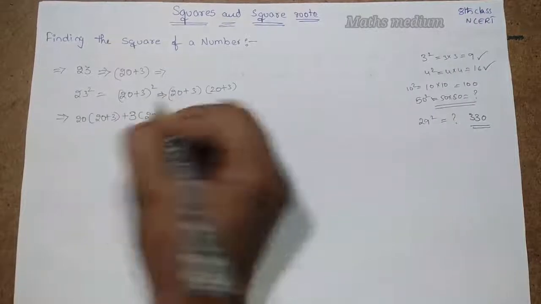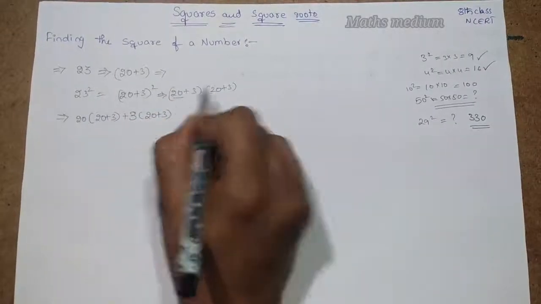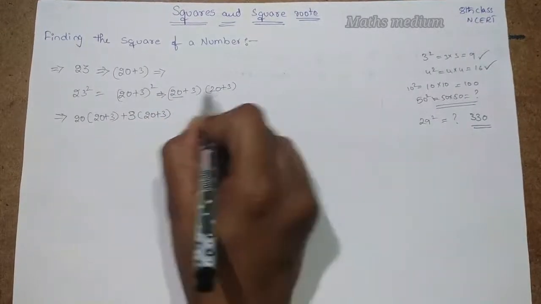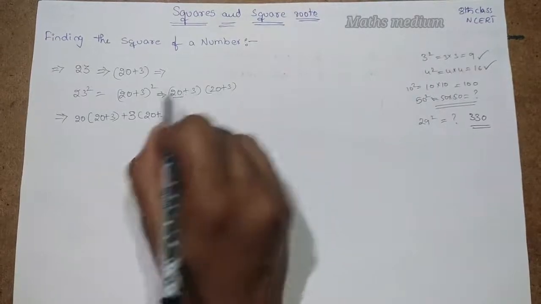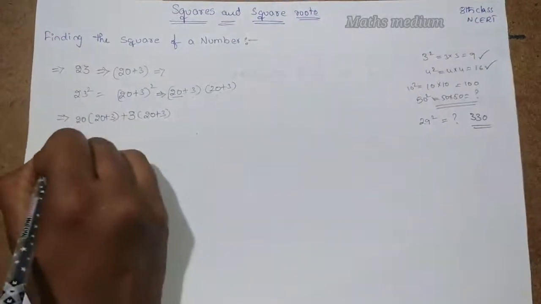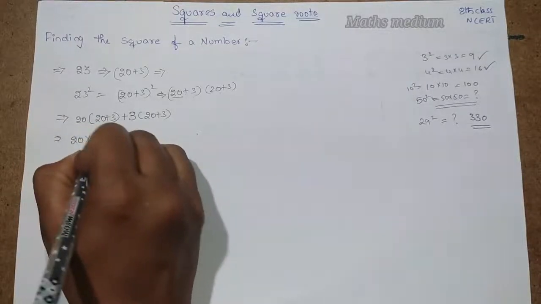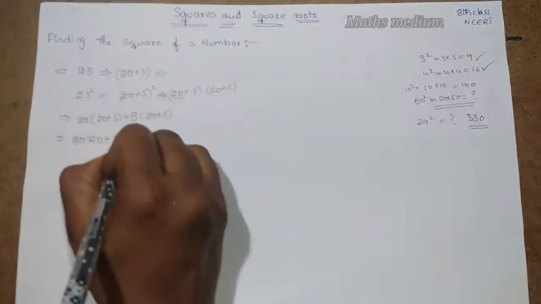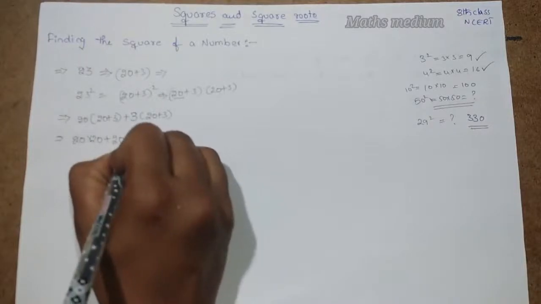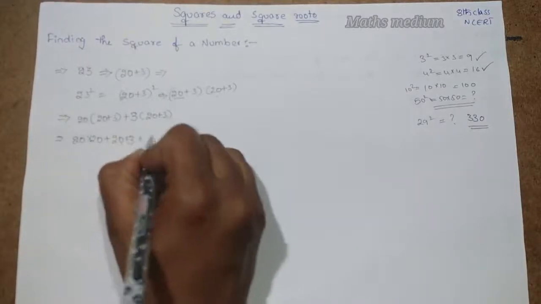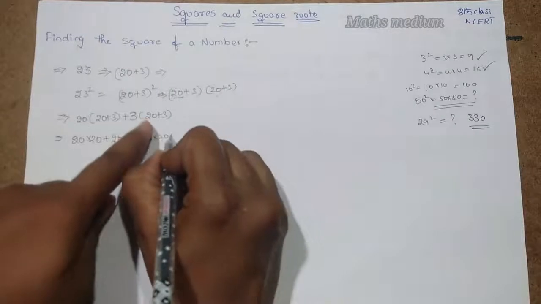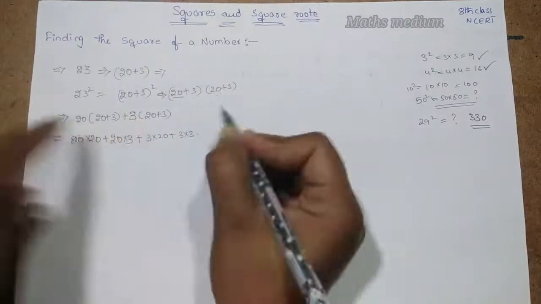Take this number and multiply with this, take this number and multiply with this, but we have a common plus value here. Now 20 into 20 plus 20 into 3 plus 3 into 20 plus 3 into 3.